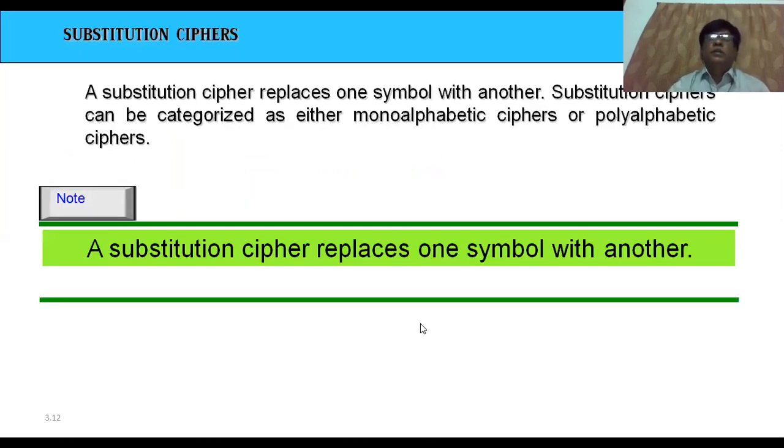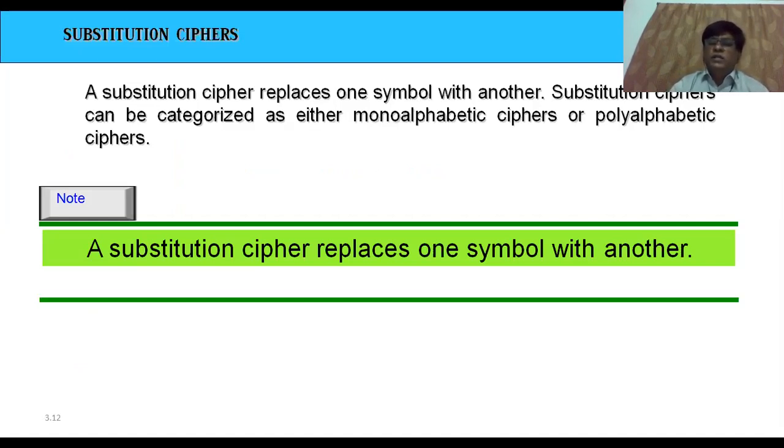Now come to the substitution cipher. As I explained earlier, the substitution cipher replaces one symbol with another symbol. Generally, there are two types: monoalphabetic ciphers and polyalphabetic ciphers. This is very simple.